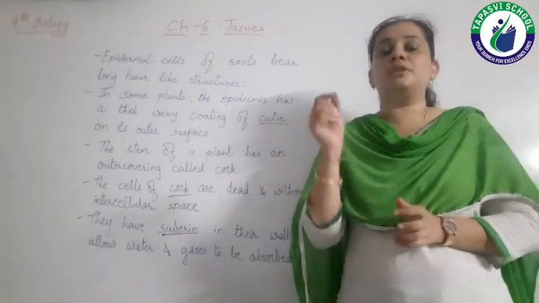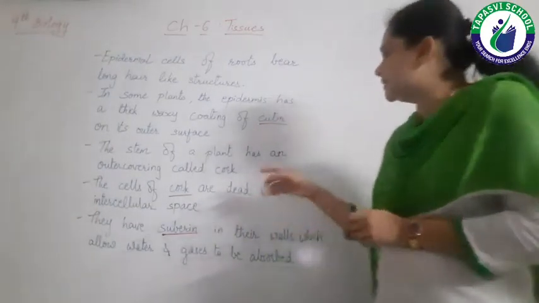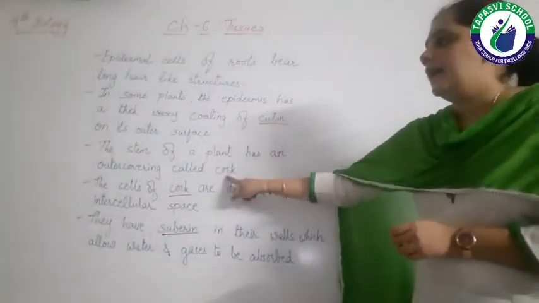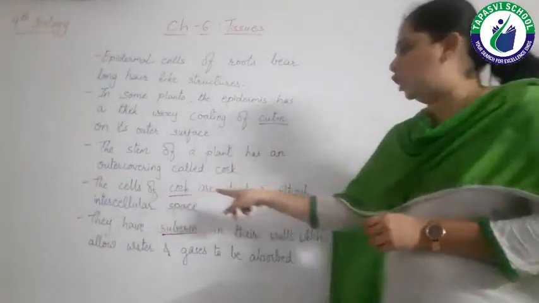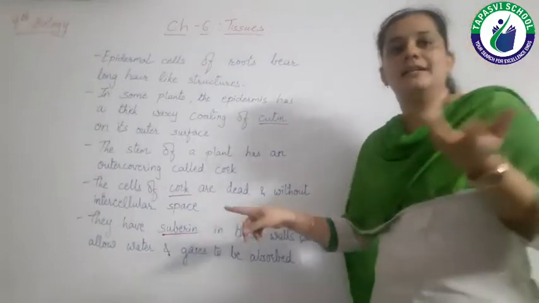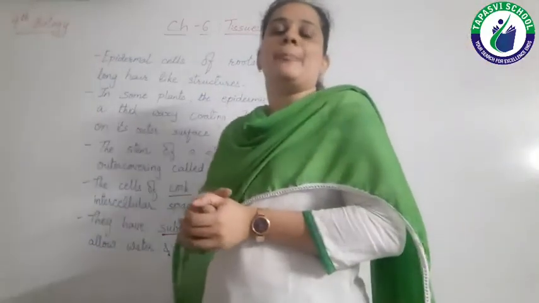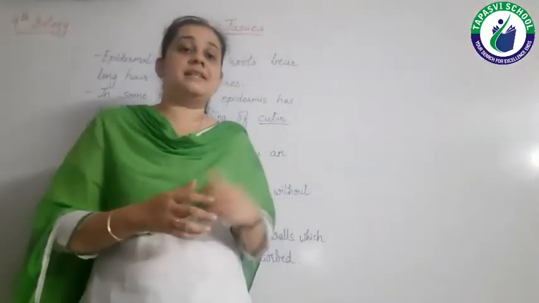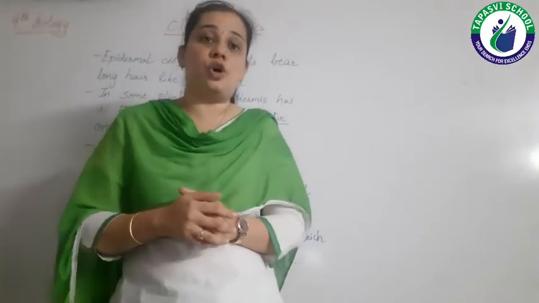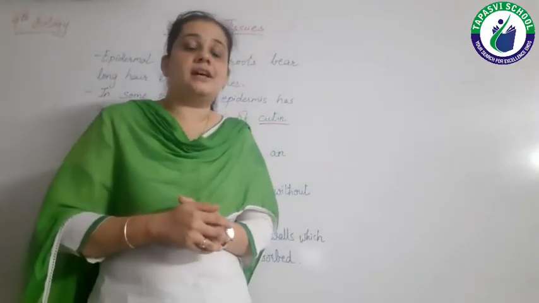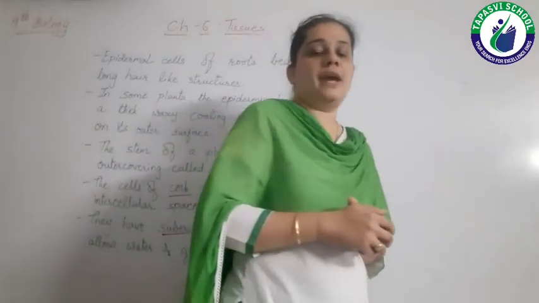This thick layer is known as cork. The cells of cork are dead. As we know, Robert Hooke first discovered the cell by seeing the cork under the microscope, right?